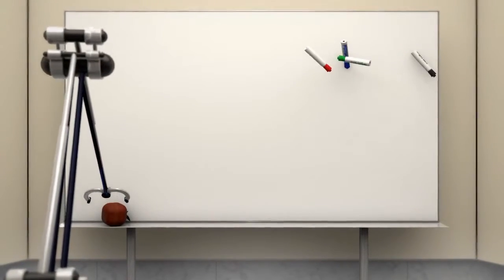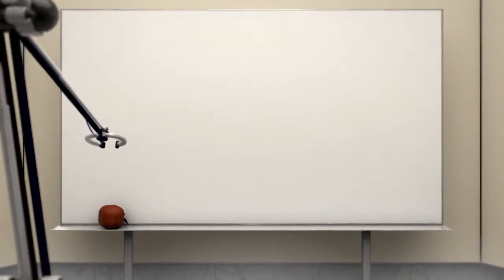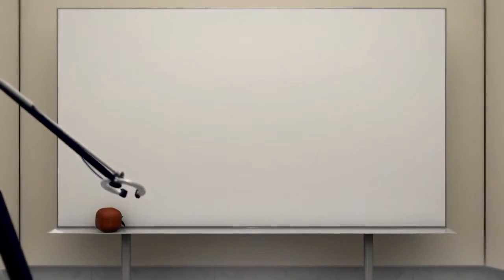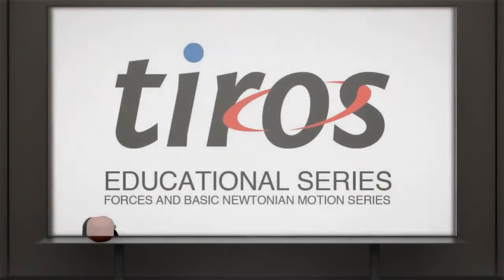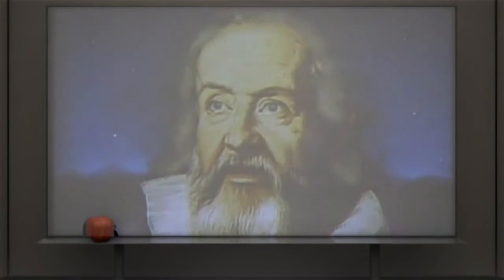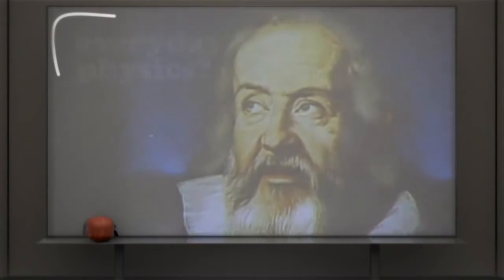But before we go any further, let's look at a little history. The first person to make this claim lived over 300 years ago. His name was Sir Isaac Newton, and he was a brilliant scientist, brave enough to challenge our intuition about everyday physics.